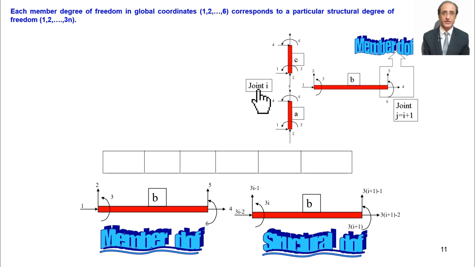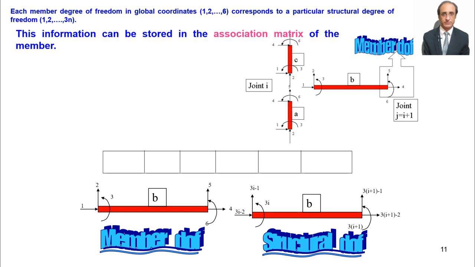At this end we have joint number I, this end we have joint number J. So our degrees of freedom should be like this, and they are one and the same. One is the member degree of freedom, the other is the structure degree of freedom. We have joint I here, so we have 3I, 3I minus 1, 3I minus 2, and on the other side we have joint J, so we have 3J, 3J minus 1 and 3J minus 2.